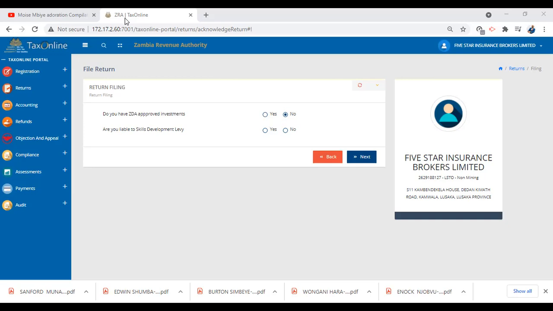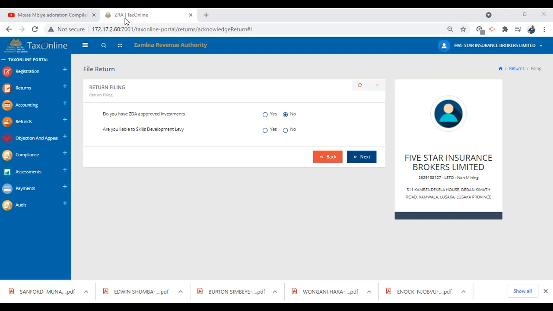The threshold for registration is an annual turnover of 800,000 kwacha and above. So all institutions making such a turnover must register for income tax. Once they apply for that, they are also liable, as long as they are registered for Pay As You Earn.